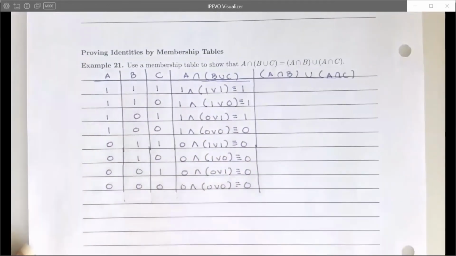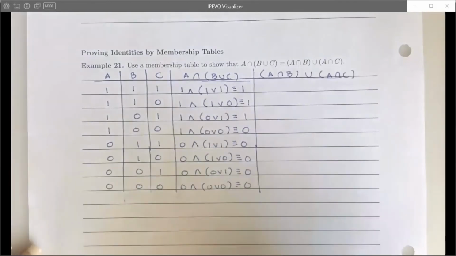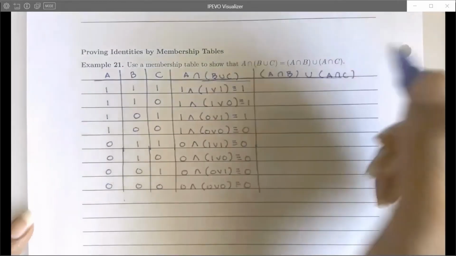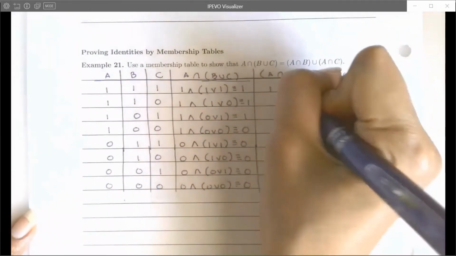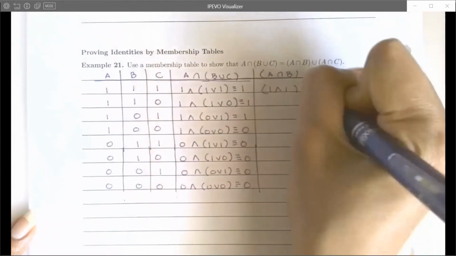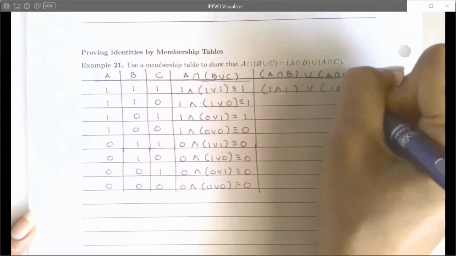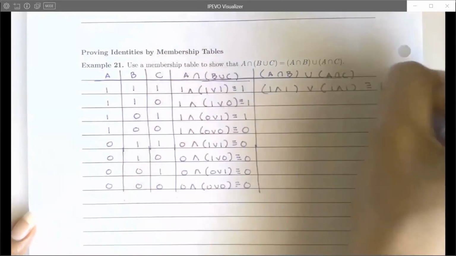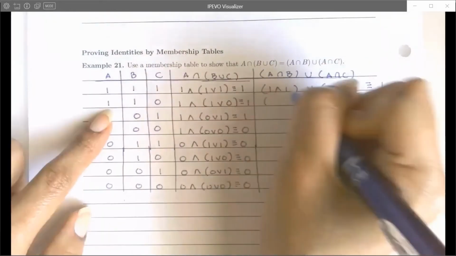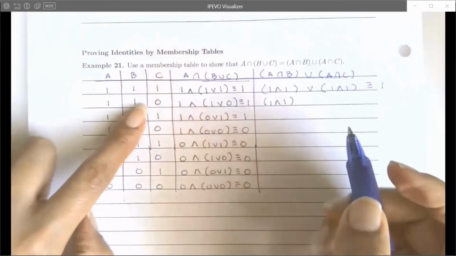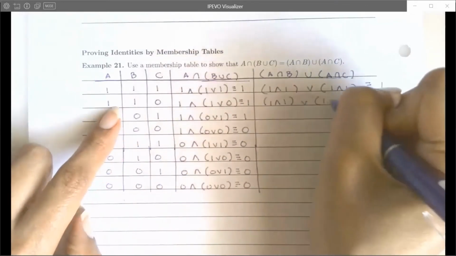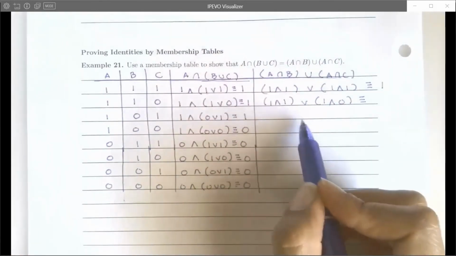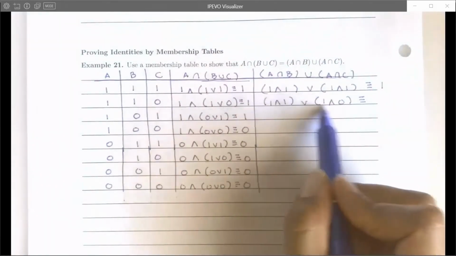So we have that. Now what we're going to do is repeat the process, but now for this compound set. So the combination of 1 and 1 or 1 and 1, well, that's going to be a 1 or a 1. So that's a 1. Then I have a 1 and 1 or a 1 and 0. Well, that's also going to be a 1 because we'll get a 1 here and a 0 or a 0 here.